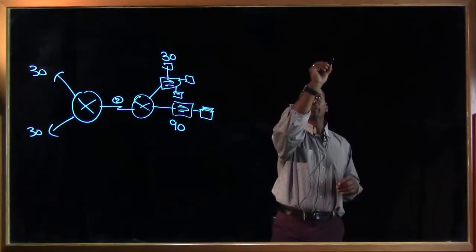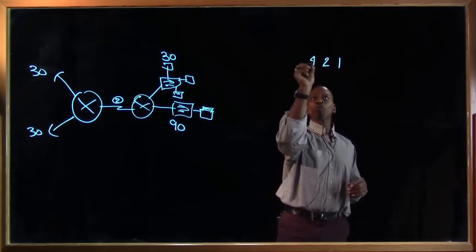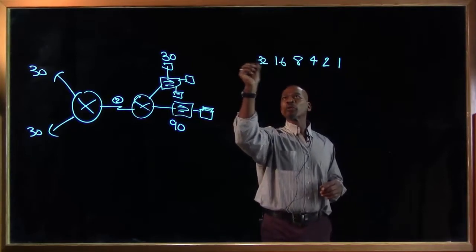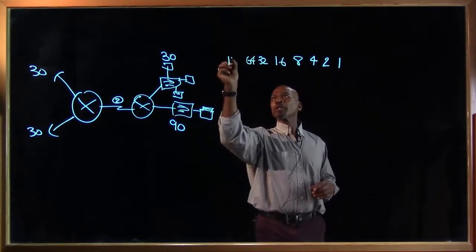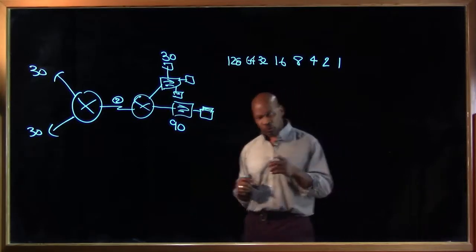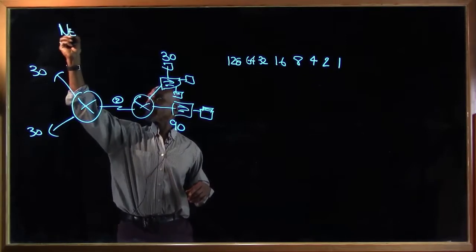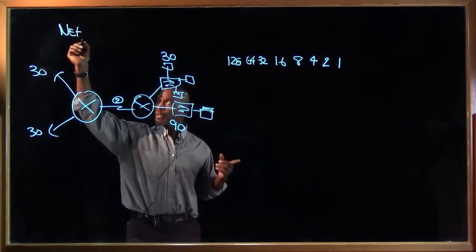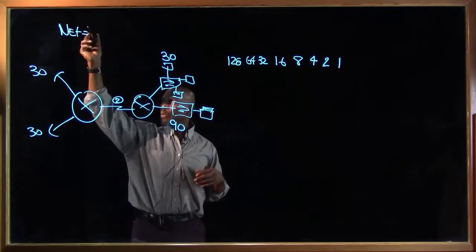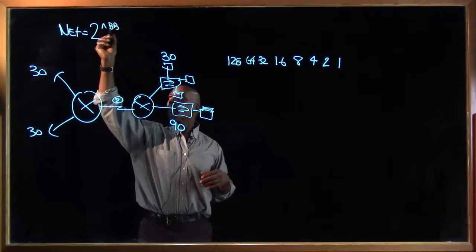Here's how it works. I'm going to count in binary: 1, 2, 4, 8, 16, 32, 64, 128. And now I'm also going to write down some rules. If I'm trying to figure out how many networks I'm going to need, and these are hosts, networks equals 2 raised to the power of bits borrowed.